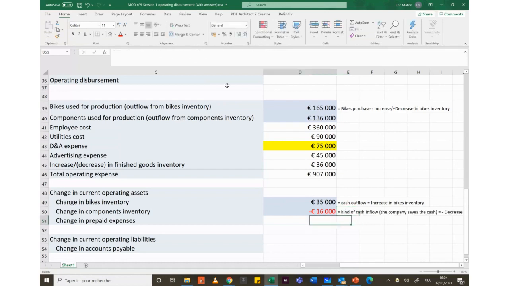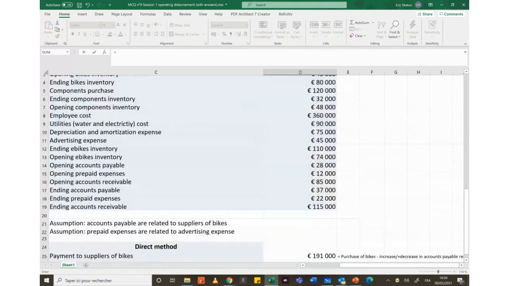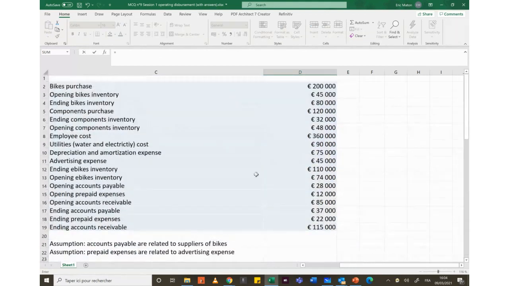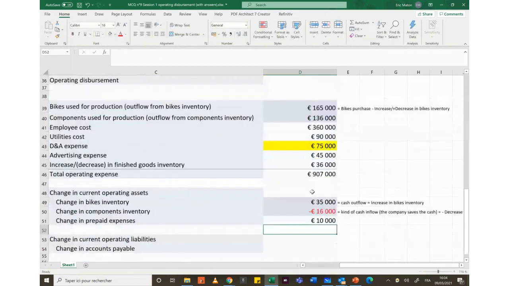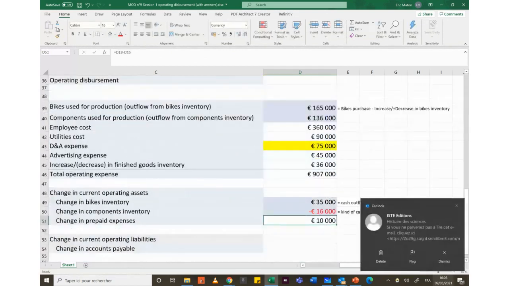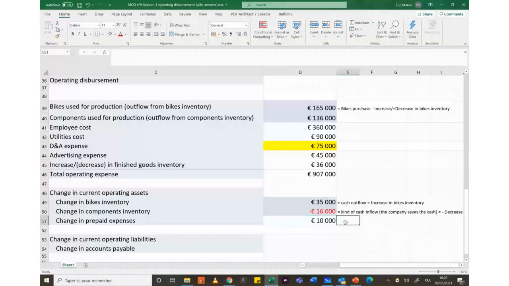For the prepaid expense, the same. We will do ending minus opening. It's a cash outflow if we increase the prepaid expense. So ending minus opening. So we spend 10,000 because of the increase. So here, cash outflow, because it's an increase in prepaid expenses. For the accounts payable, if you increase, it means you save the cash.